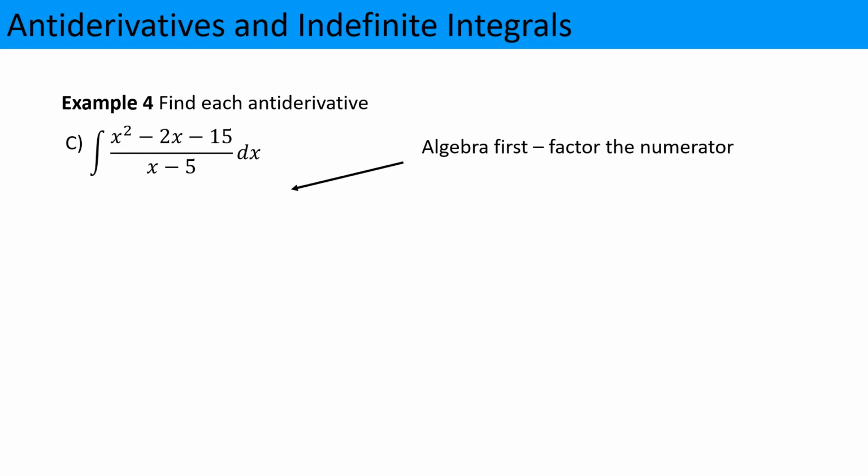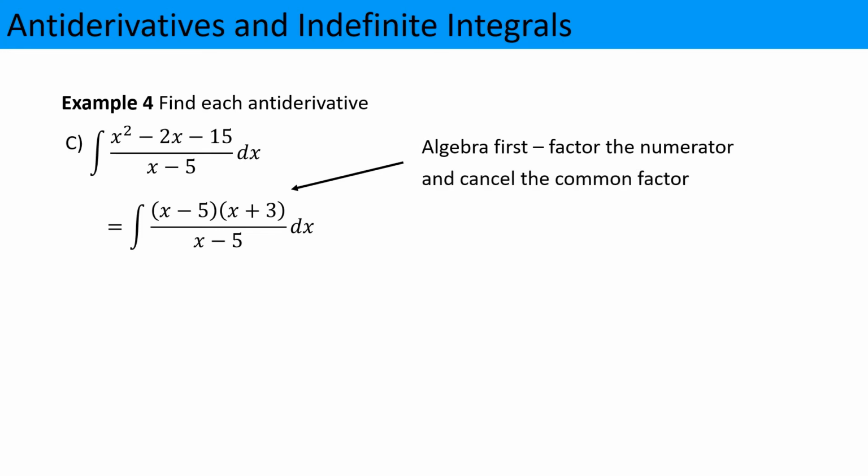That'll give us the integral of x squared minus 2x minus 15 is factored to x minus 5 times x plus 3 divided by x minus 5. We see a common factor of x minus 5 in the numerator and the denominator. And so we'll cancel that common factor.